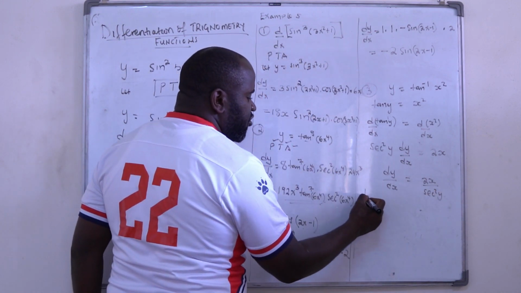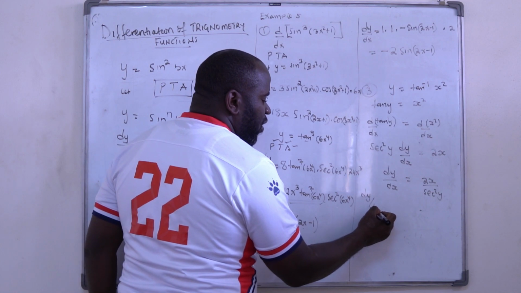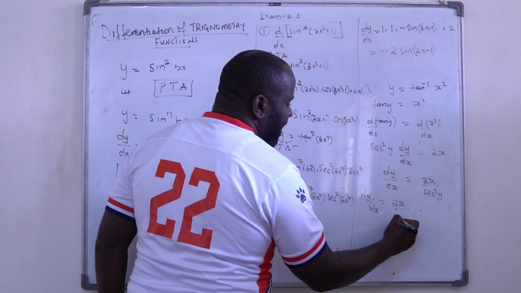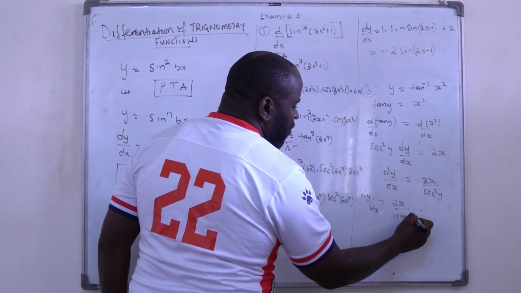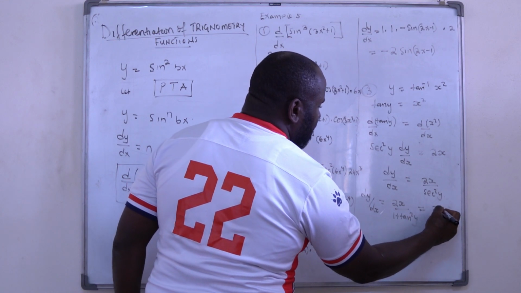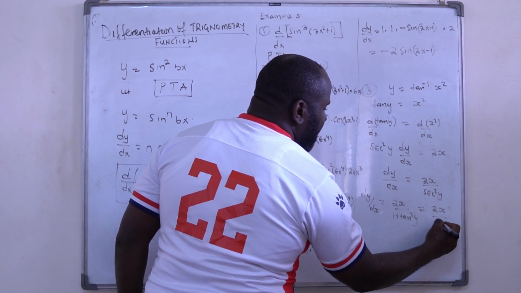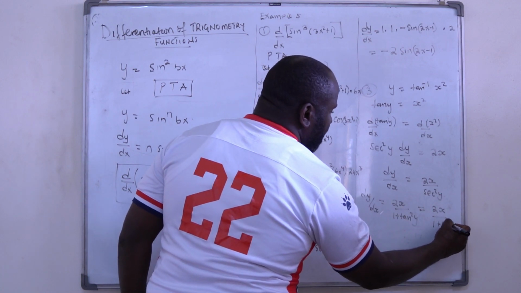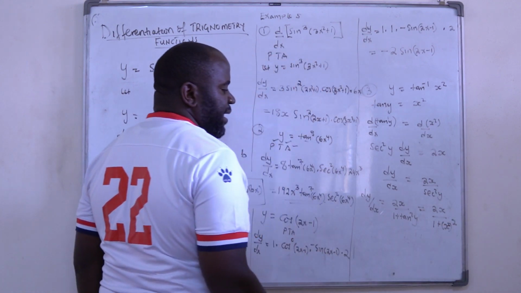But from trigonometry, sec squared y is always 1 plus tan squared y. And yet tan of y was x squared, so this is 2x out of 1 plus x. But the x was squared for tan, and it is squared again.